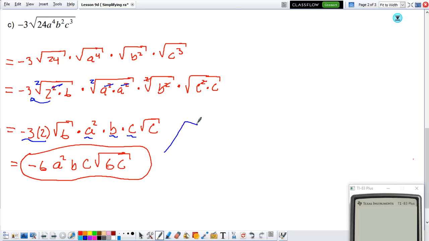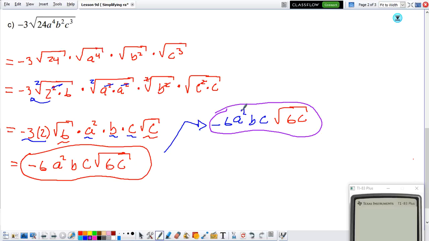Let's rewrite that in different colors. Maybe that will help. So the outsides, you multiply them. So now it becomes negative 6 a to the square b c, and the square roots, you multiply them. So now it's 6, and this is our final answer.